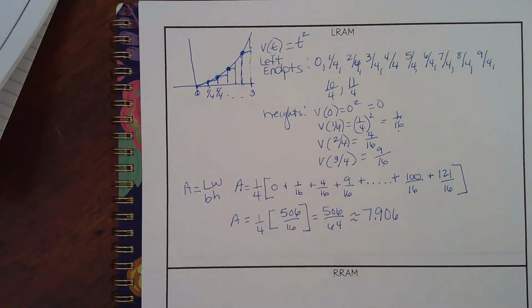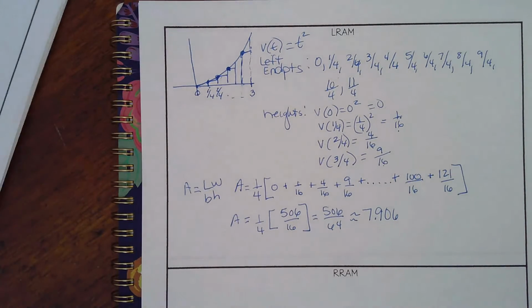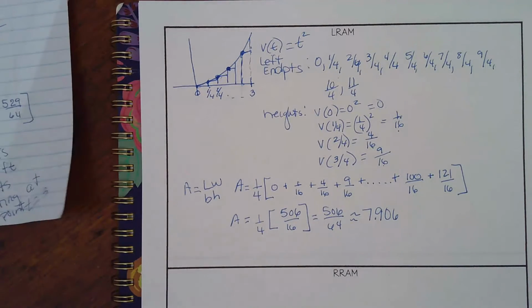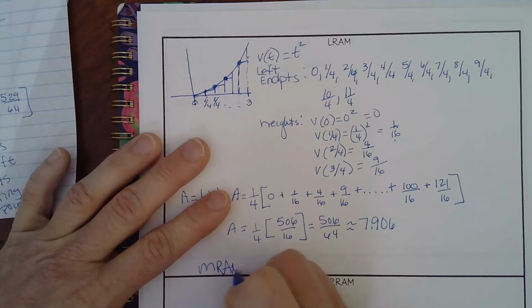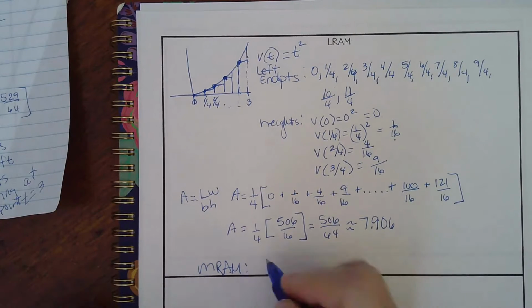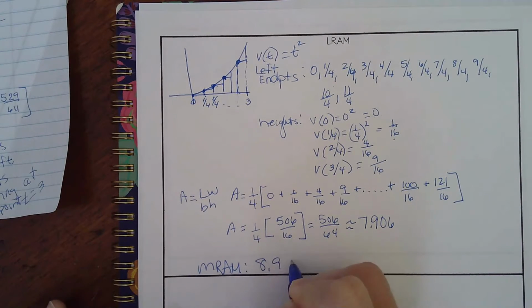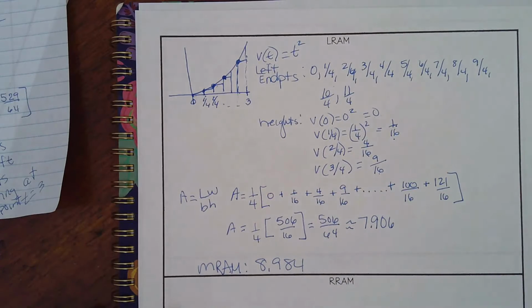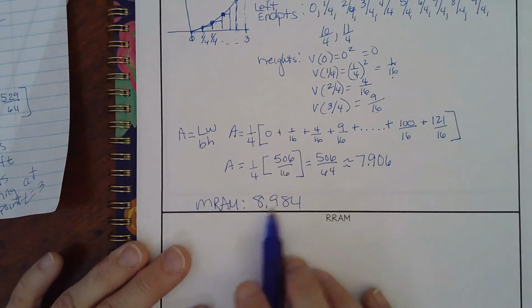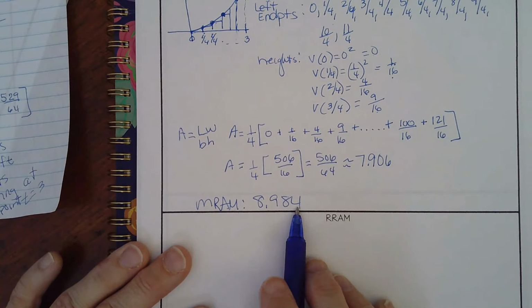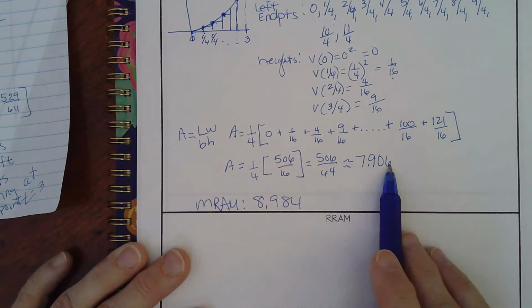So compare that to the MRAM. Now, in our last session, we found that the MRAM gave us an area of 8.984. And I'll scoot that up a little bit. So 8.894 was the midpoint, 7.906 is the left RAM.